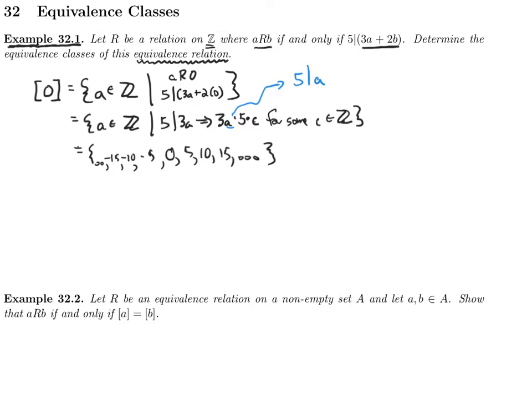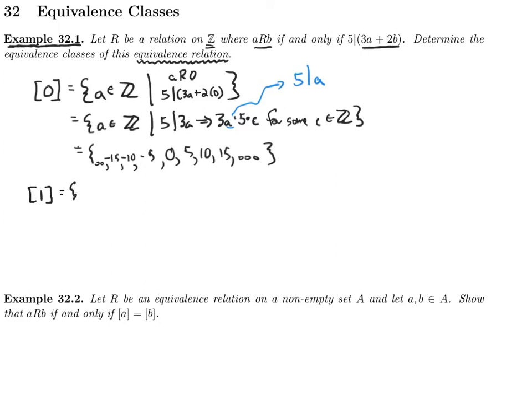Okay, let's pick a number that's not in the equivalence class for 0. Remember, the equivalence class of 5 is the same as the equivalence class of 0, and we're going to show that in general down here in the next example. But let's do the equivalence class of 1 now. 1 isn't in the set.